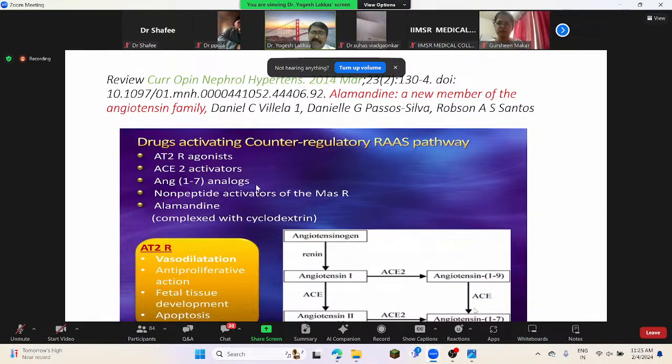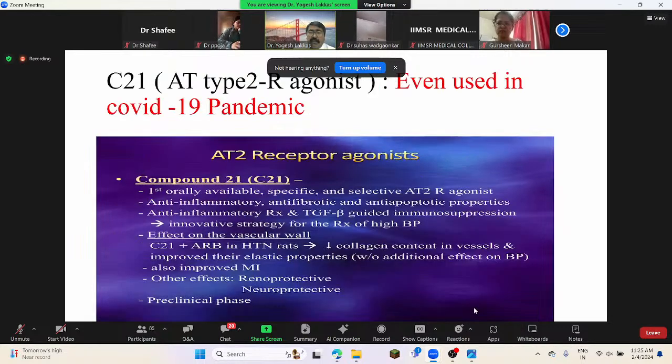Then angiotensin 1-7 analogs, then activators of the MAS receptor, and agonists for the alamandine complex, because this is the favorable pathway. This is something that will be coming newly, and these molecules will be available to us.